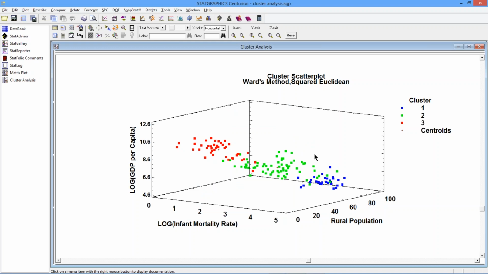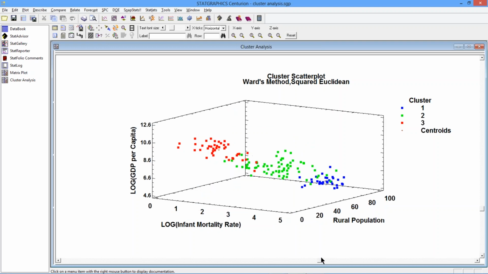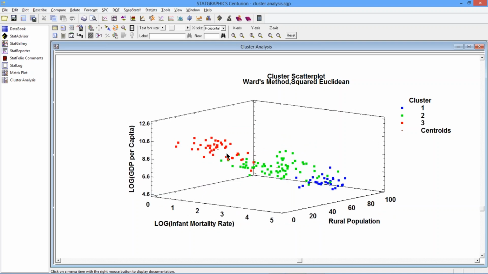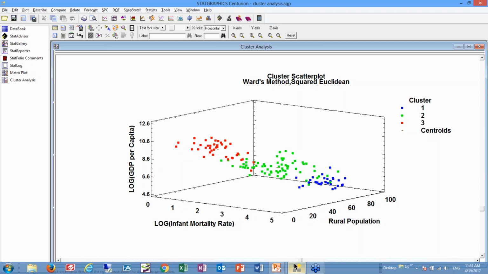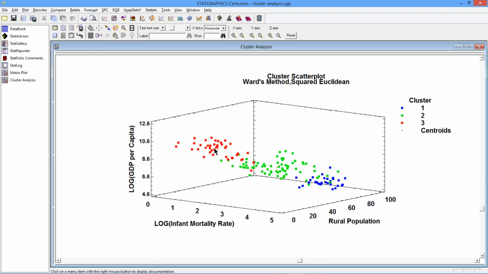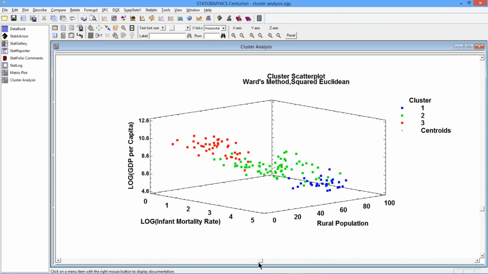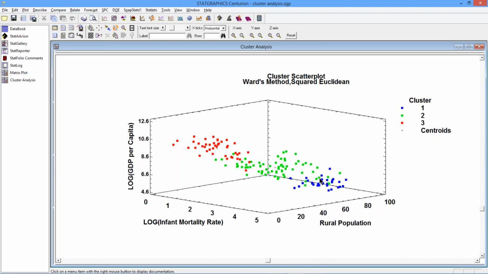Okay, there are a large group of countries down here with low infant mortality and relatively high GDP, which define the red group. There's a group of countries down here with a fairly high rural population, low GDP, high infant mortality that define the first group, the blue group. And then a middle group of green countries right here.